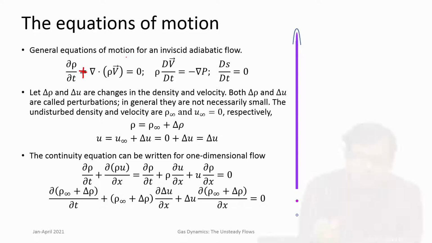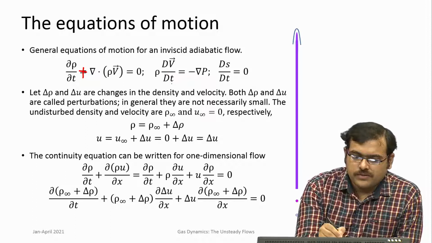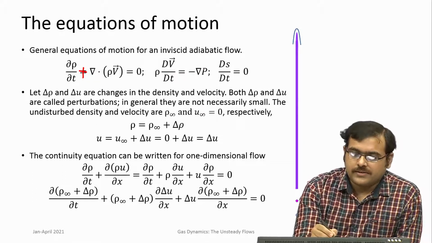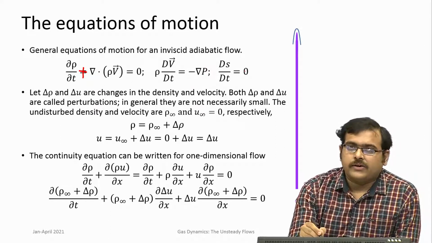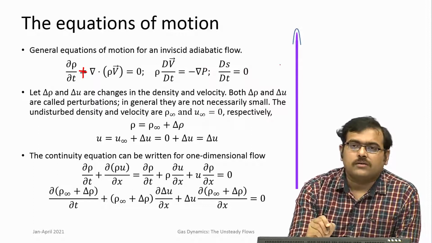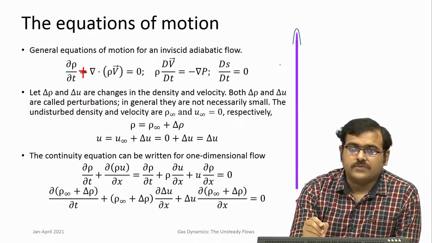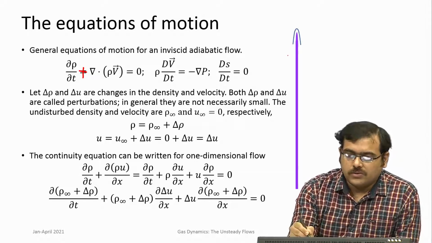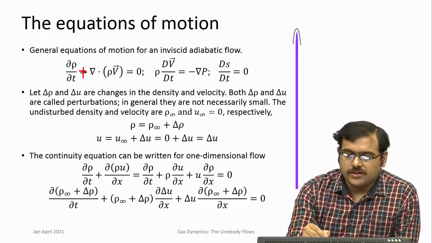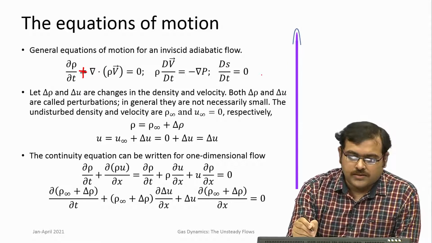This is continuity, and ρ dv/dt is equal to minus the gradient of pressure, ∇p. This is momentum, and the movement of these waves is isentropic. So entropy does not change, ds/dt equal to 0.